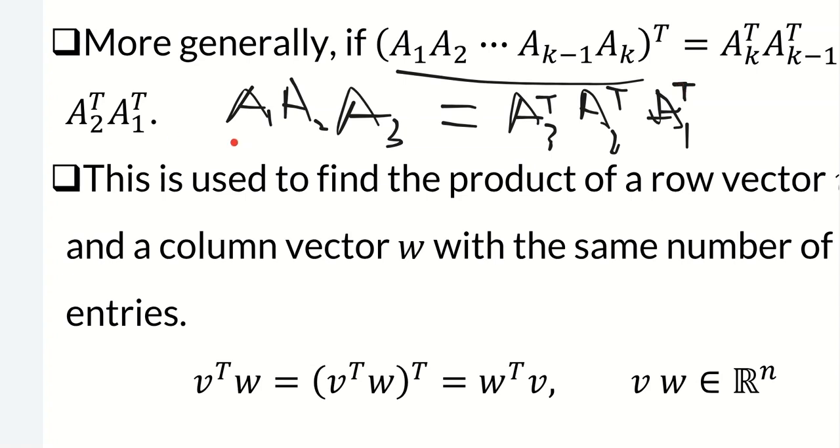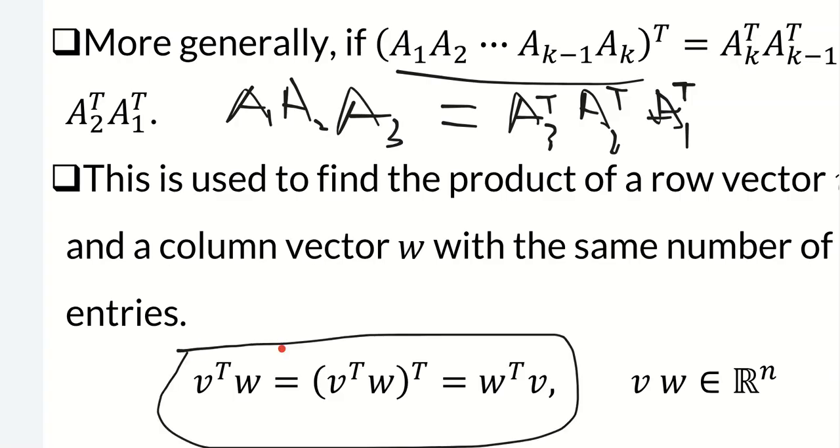We are trying to multiply this. It's the same thing as transposing the matrices and multiplying them in reverse order. And this is what we use for the multiplication of matrices where it is only one dimension, I mean, if it is a row vector or a column vector, right?